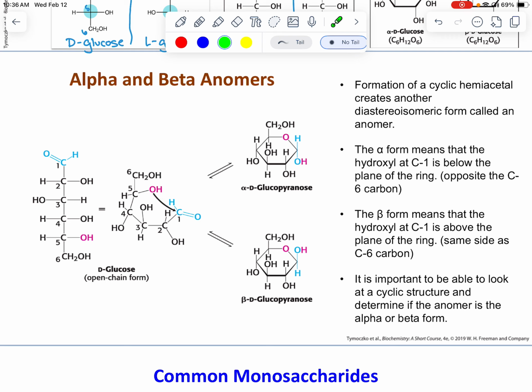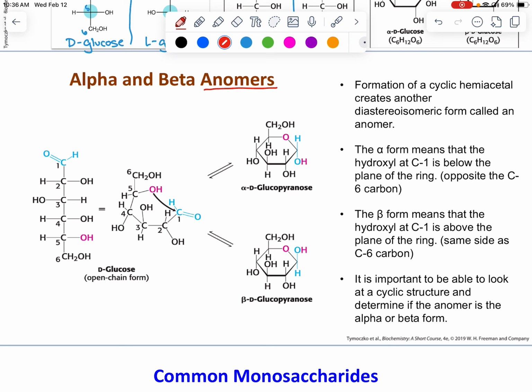When this attacks, the oxygen can get pushed essentially up or down. So we can come up with two different options: the one where that oxygen was pushed downward, or the one where it was pushed upward. So we have two different isomers, and we're going to call these anomers because they differ at that anomeric carbon.